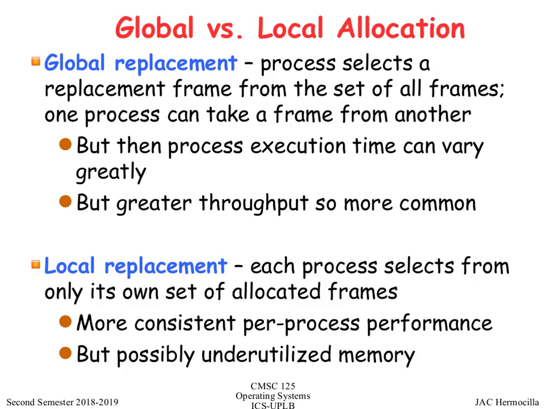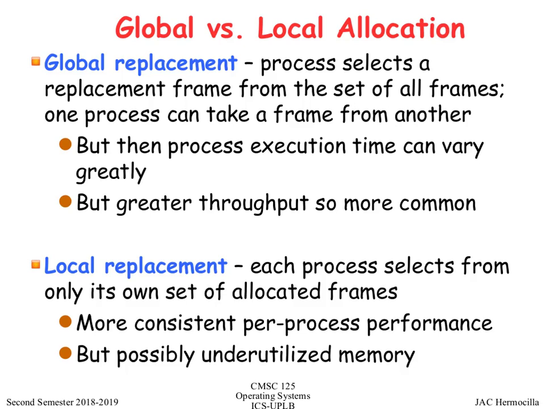Yung global replacement, pag kailangan mong kumuha ng frame, kahit ginagamit niya, ito na-allocate mo sa Vim, ito na-allocate mo sa Firefox. So, remember, yung kanya-kanyang process merong sariling address space. Okay? Mamaya, i-demonstrate natin. So, yung global replacement, halimbawa si hello, pwede niyang gamitin yung ginagamit ng Vim or yung ginagamit ng Firefox. Yun yung global replacement.